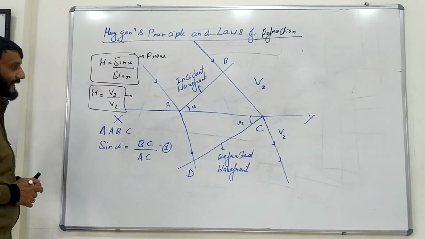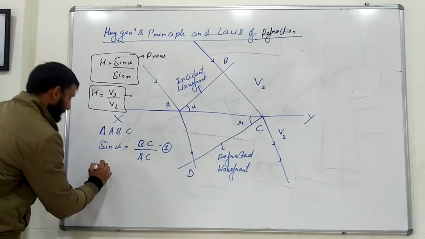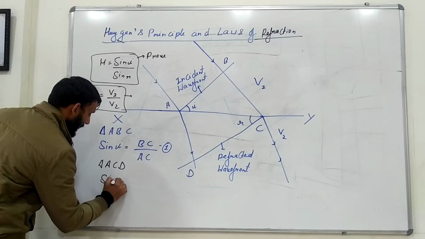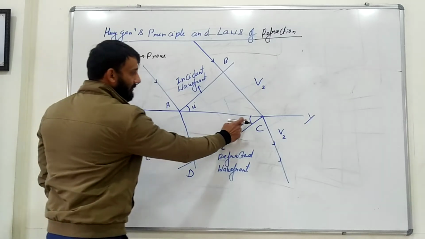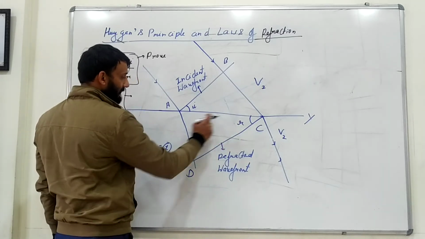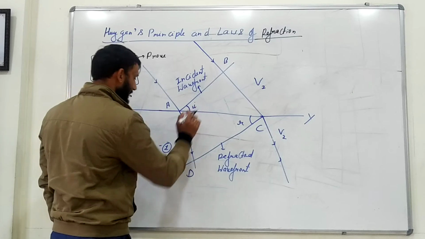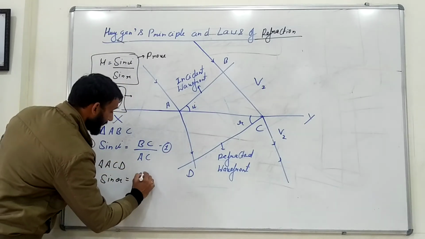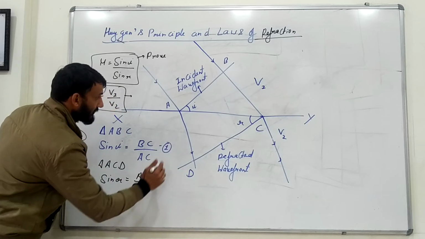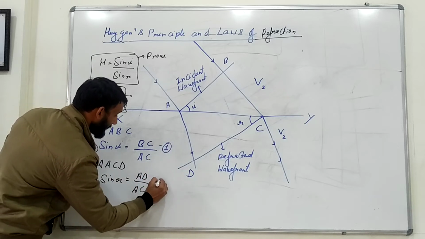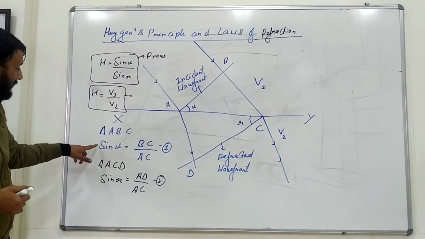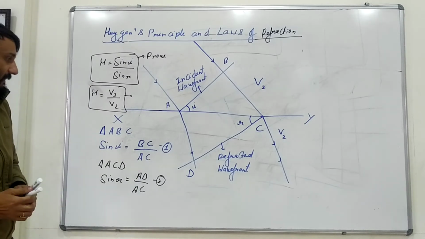Now in triangle ACD, we have sin R. Again, sin will be perpendicular upon hypotenuse. What is the perpendicular? AD. What is the hypotenuse? AC. So this is the second equation. Now if you divide 1 by 2, why are we dividing? Because we need sin I upon sin R, right?